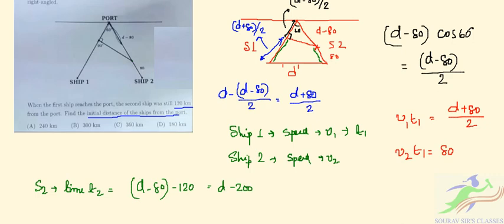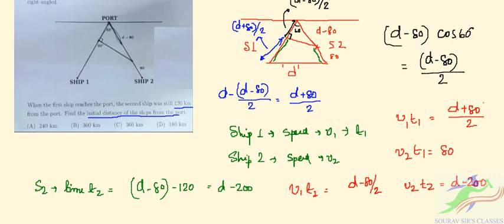At time t2, v1 t2 will be (D minus 80) by 2, and v2 t2 is D minus 200.